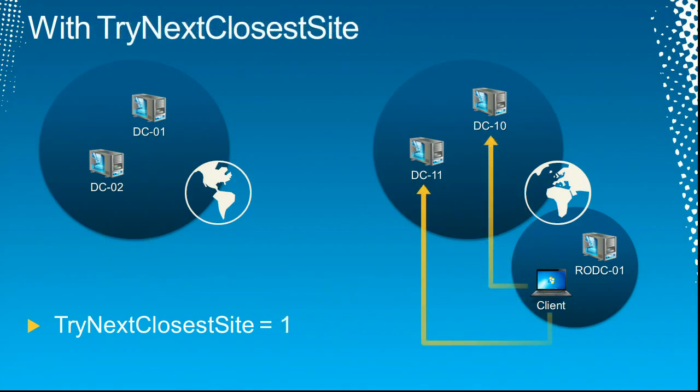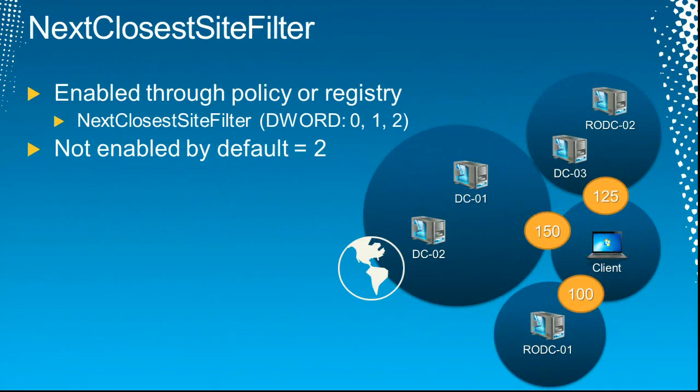So with try next closest site, you will be able to narrow your DCs considered to a specific site. And that site is the closest based on the site link costs that you define as an admin. That possibly is nothing new, but one thing that you need to be aware of is that we have this next closest site filter setting. Depending on the deployment of RODCs in different sites, those sites can or cannot be considered as next closest sites.